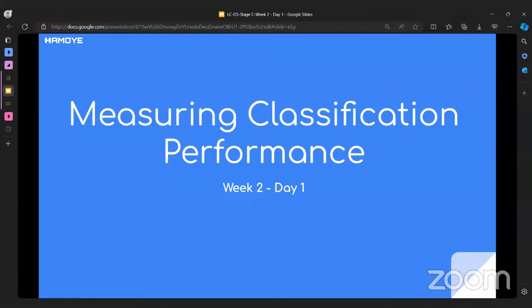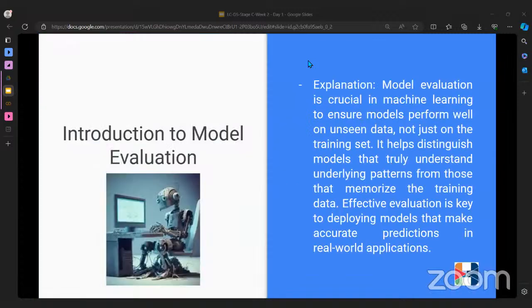We'll be looking at measuring classification performance for today. It's going to be more about how to measure the performance of your model after it's done predicting. Model evaluation is actually very important.